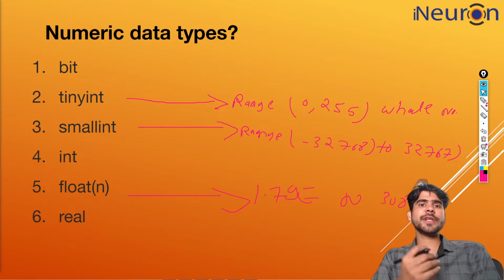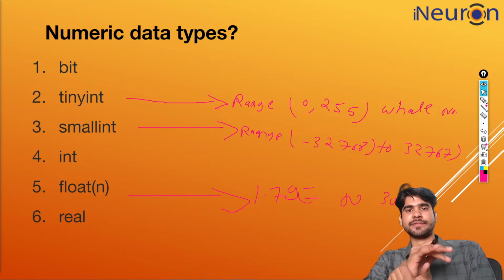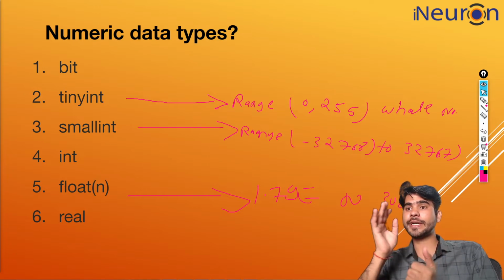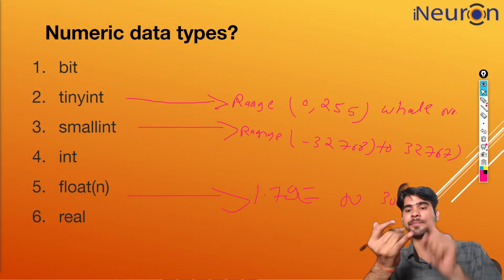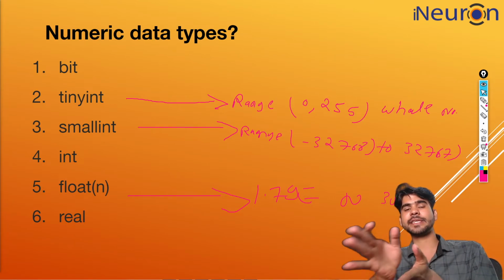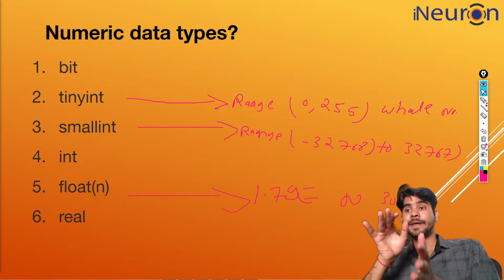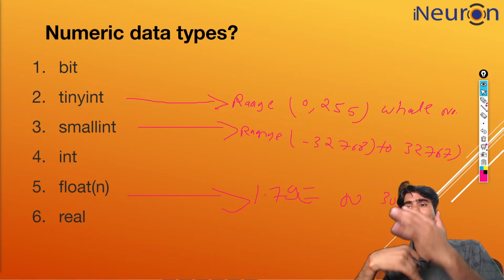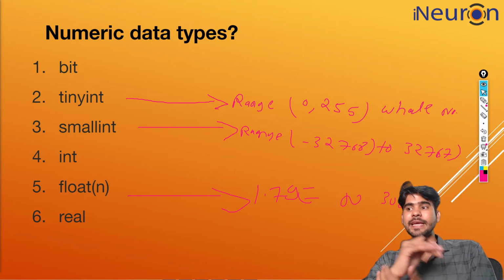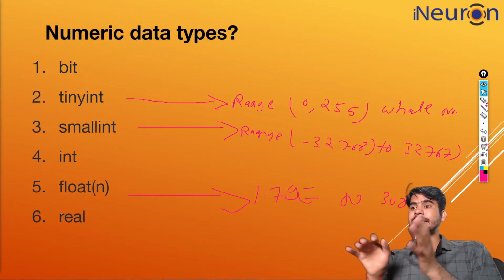Okay, so whenever you want to define a numeric data type, depending on your requirement, you can define different numeric data types like bit, tinyint, smallint, float, real. But here you can find small differences between all the numeric data types, mainly the range difference.